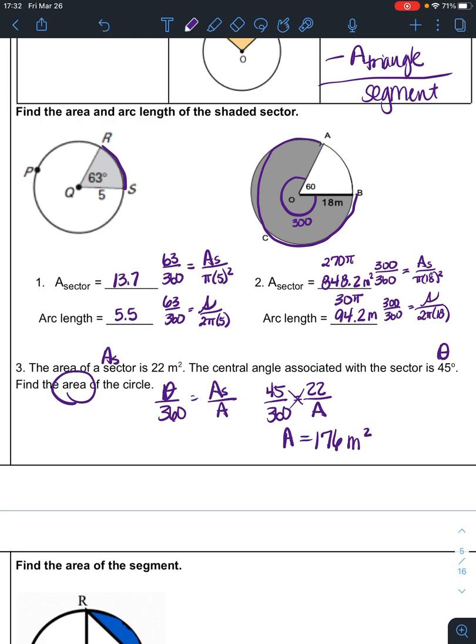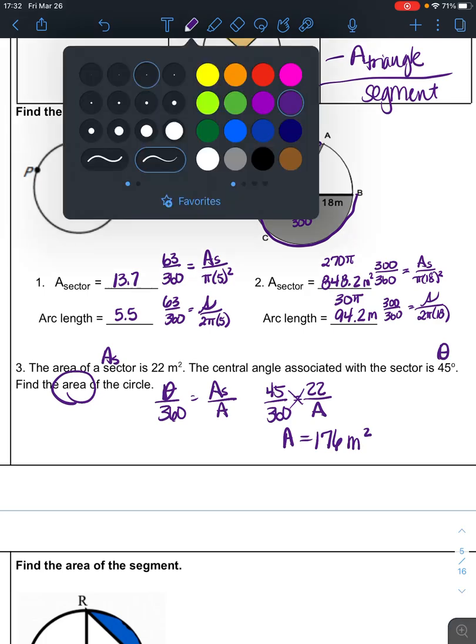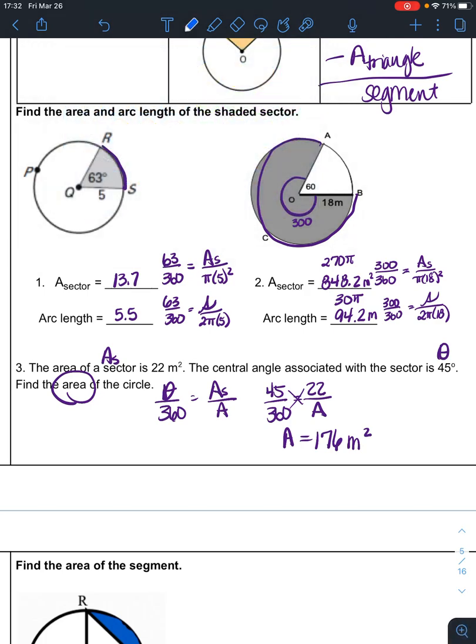That's the whole circle. You could also look at it like this, just kind of a side note of how you can math through this. If it's 45 degrees, that's 360 out of 45. So if there are 360 degrees and I divide it into 45 degree chunks, that means there are 8 pieces that are that size.